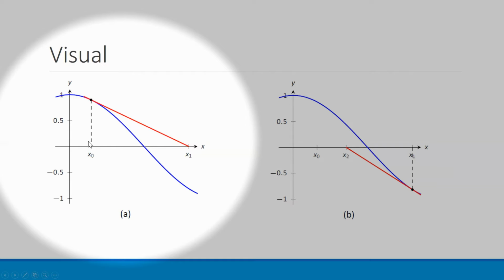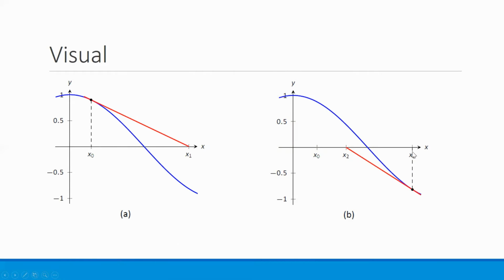This is obviously not crossing the x-axis at that point. So then I calculate a tangent line. I look for where the tangent line crosses the x-axis. This x1 is going to be a new value, and it's actually going to be closer to the root than x0 is. And then I can do that process again.